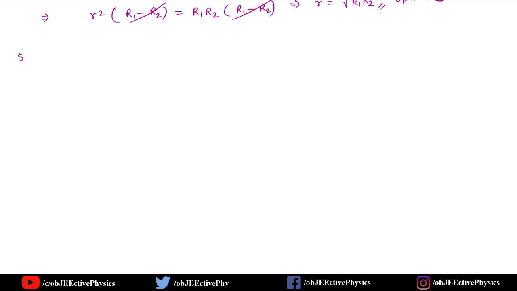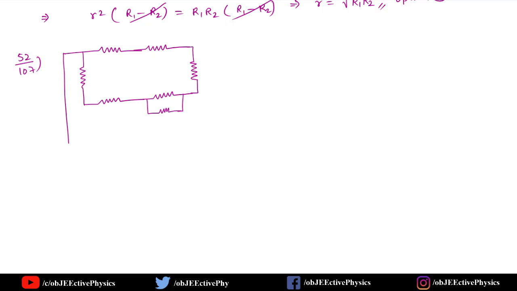Next question. Question number 52, page number 107. Find the value of capital R so that no deflection is noticed in the galvanometer when the switch S is closed or open. First, draw the circuit diagram which is given in the question.